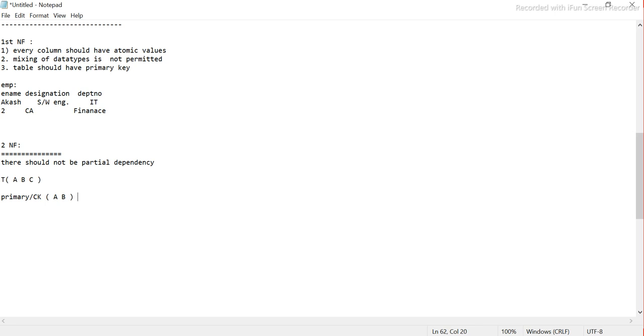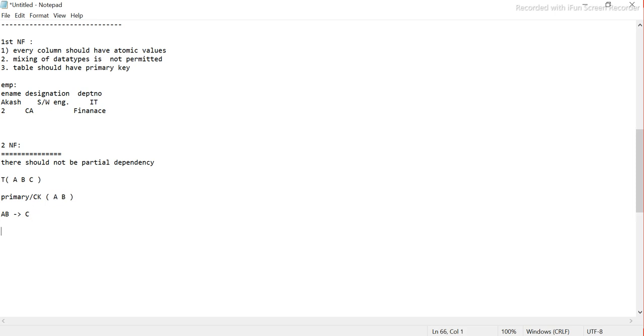If these two columns are making the primary key, then C should be fully dependent on A and B, because the primary key is made up of these two columns, not only a single column.